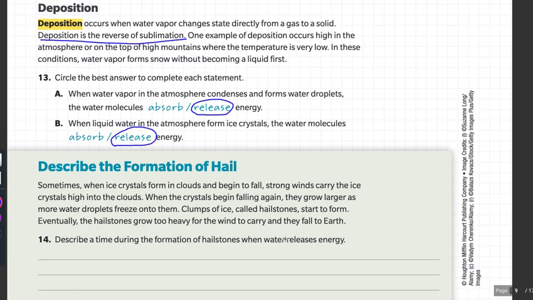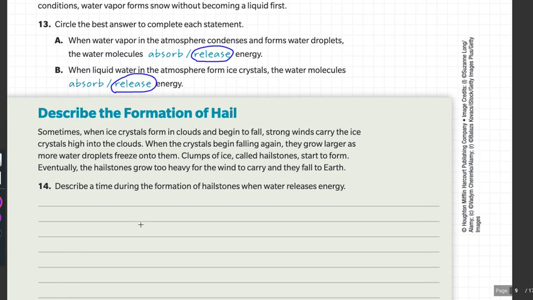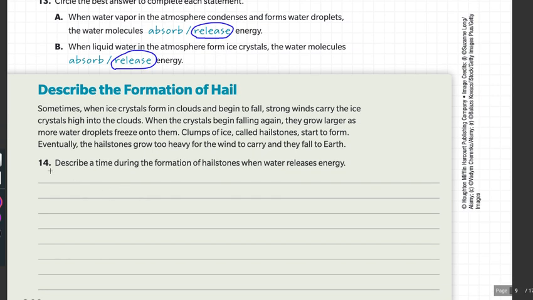So, describe the formation of hail. Oh, I just described this. Describe a time during the formation of hailstones when water releases energy. Strong winds carry the ice crystals high into the clouds. When the crystals begin falling, they grow larger as more water droplets freeze onto them. Eventually, the hailstones grow too heavy for the wind to carry.